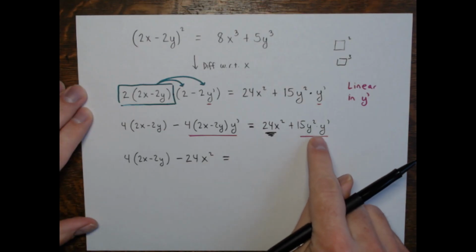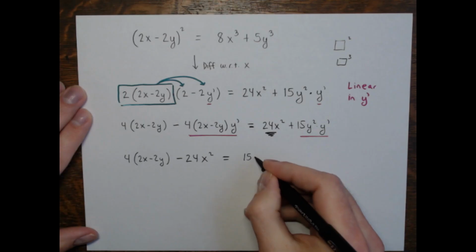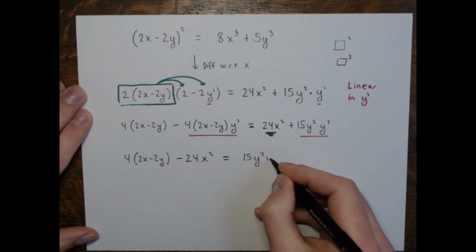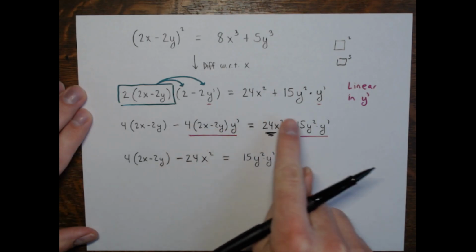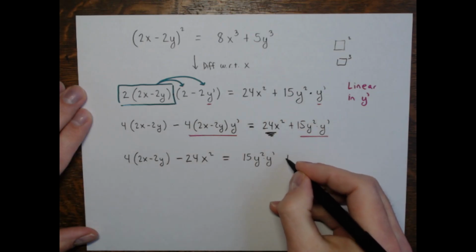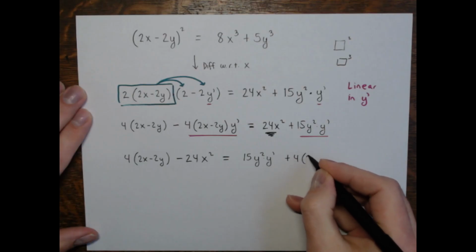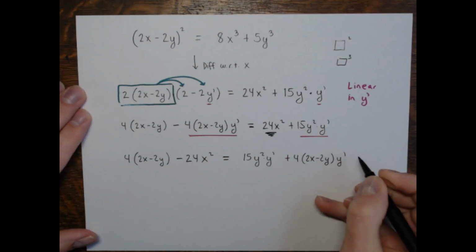And then the terms on the right side will have y prime attached. So I've got the positive 15 times y squared times y prime. And then to get this term with y prime over there, right, it has a negative in front. So I'm going to add it, right? So then we'll have plus 4 times this 2x minus 2y times y prime.